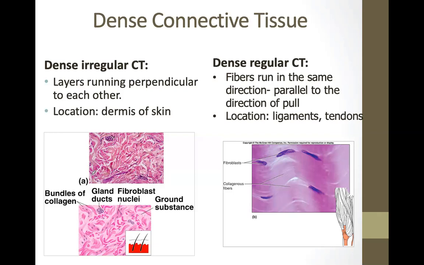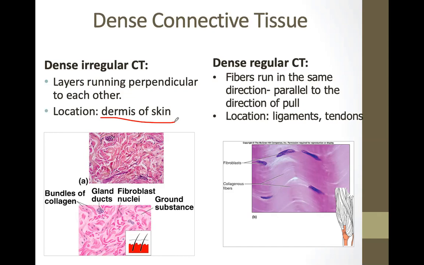When you're looking at the location for irregular connective tissue, the best location would be the dermis of the skin. On the next PowerPoint, you'll see the top layer, what I'm touching right now, is referred to as the epidermis because it's on top of the dermis. Epi means above, dermis means the skin layer. That layer, which we talked about earlier, is made up of keratinized, stratified squamous epithelium, many layers of flattened cells.